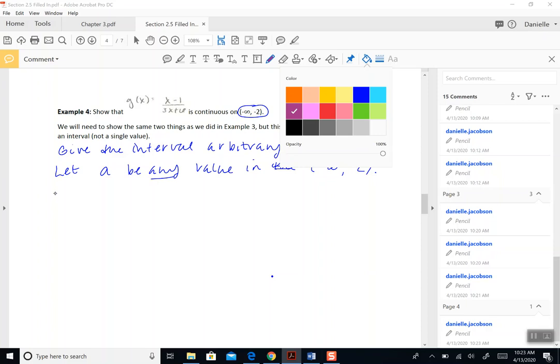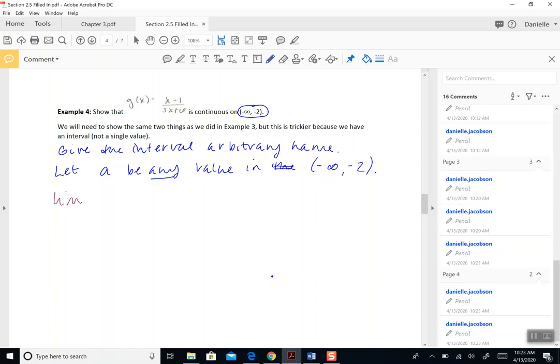So I'm going to find the limit as x this time, because there's an x in that, as x approaches A, of x minus 1 over 3x plus 6 is equal to, now by the limit laws I can run the A through, so I get A minus 1 over 3A plus 6.